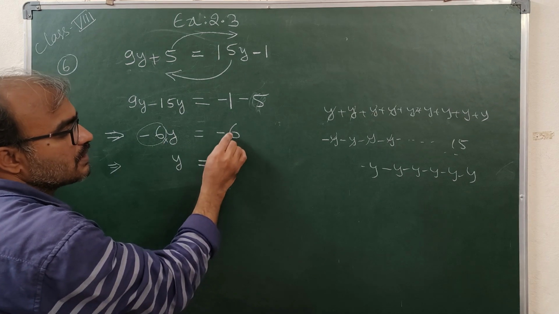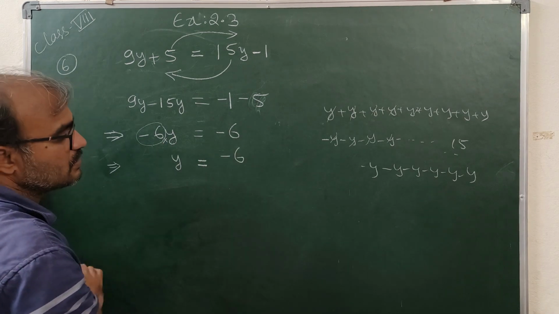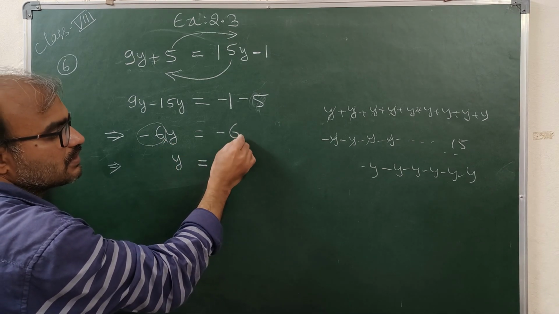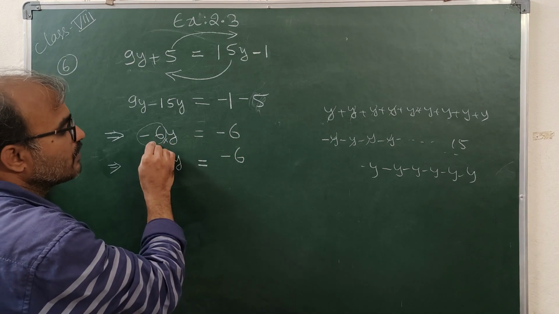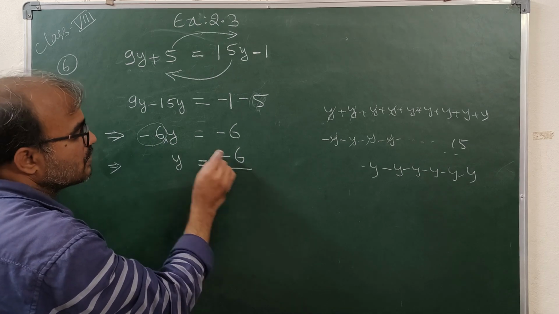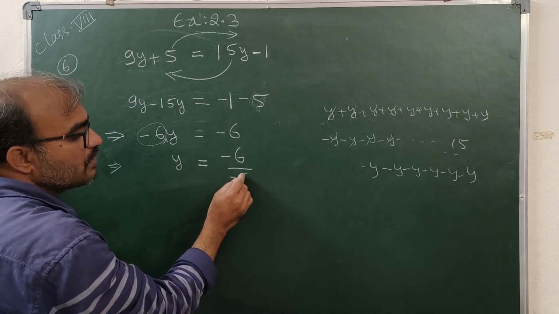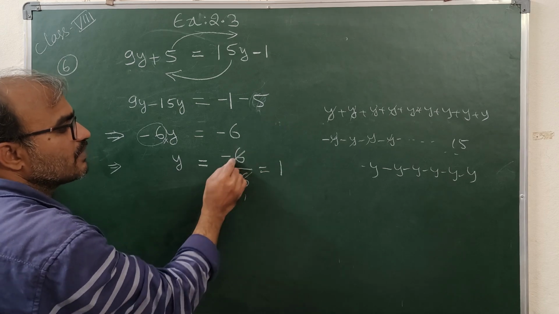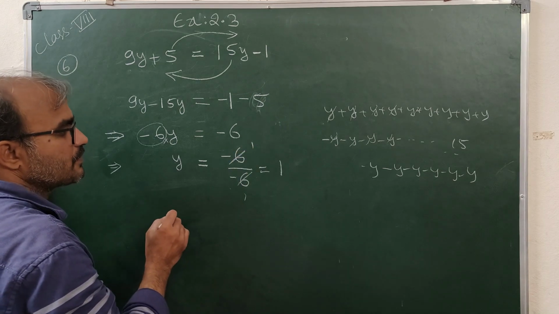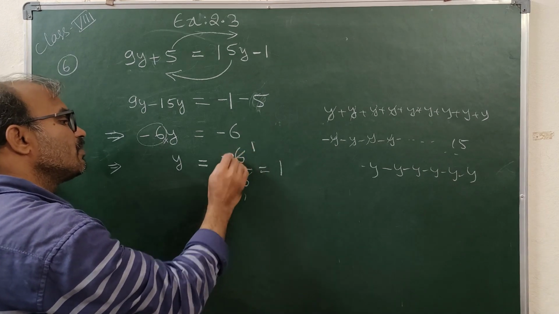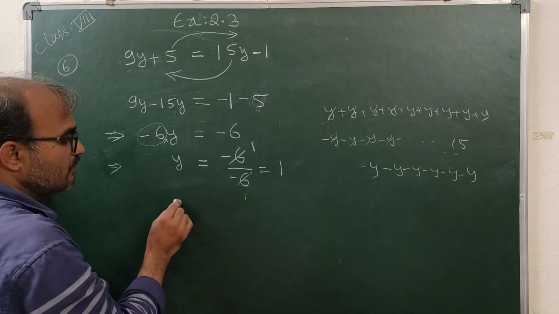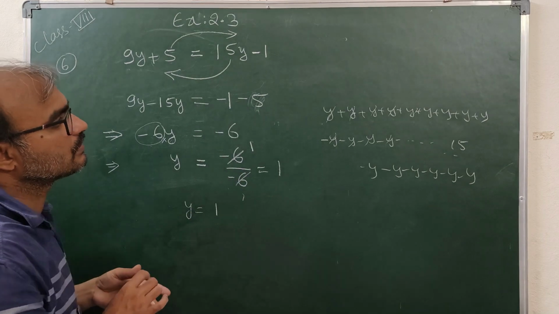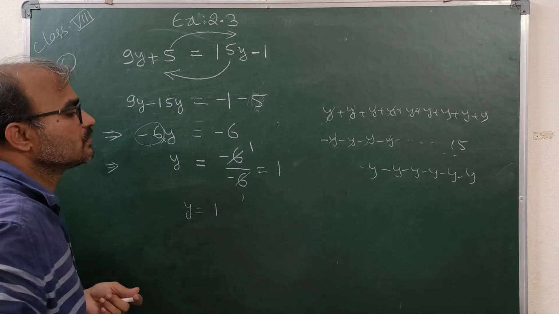On the other side minus 6 is there, write as it is. So we need the y value, equals under equals, whatever is on the other side write as it is. Now what you are taking from left to right, minus 6 into, will become division. Minus 6 by minus 6, how much? 1. Always the same number by the same number is 1. Therefore, y is equal to 1, right?